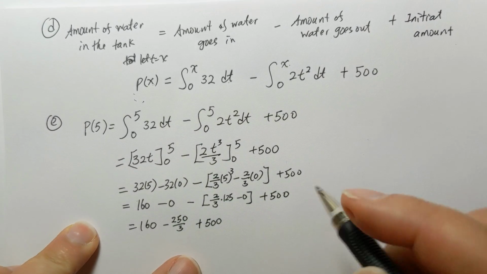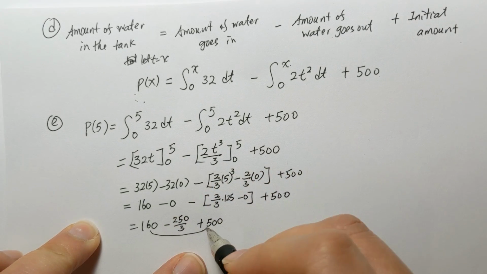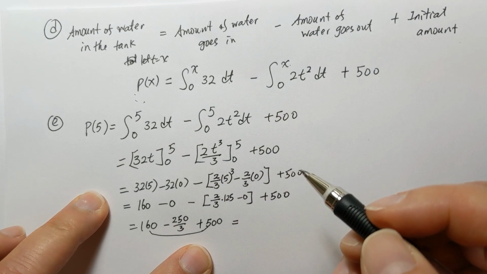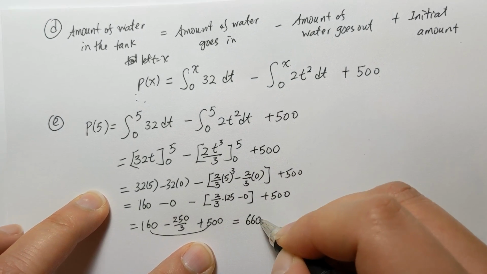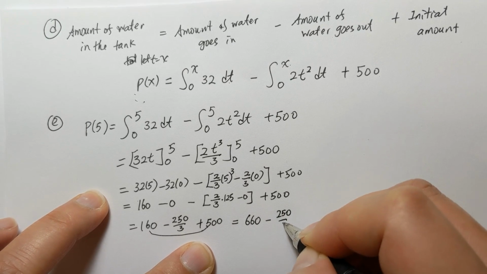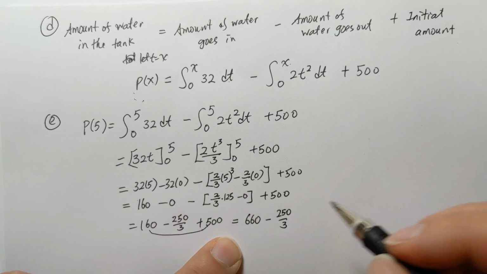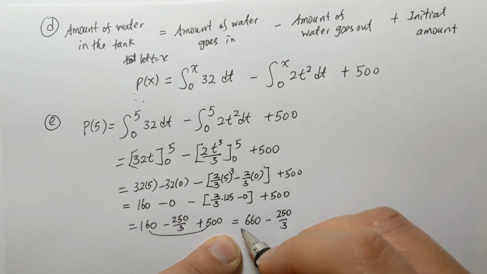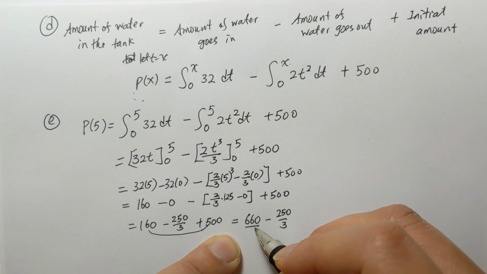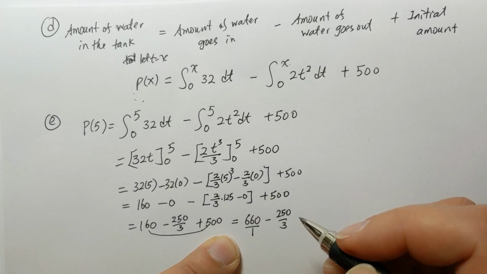So now I'm going to combine these two together. So we're going to get 660 minus 250 over 3. This time I'm going to do it slightly differently. I'm going to make it into an improper fraction.